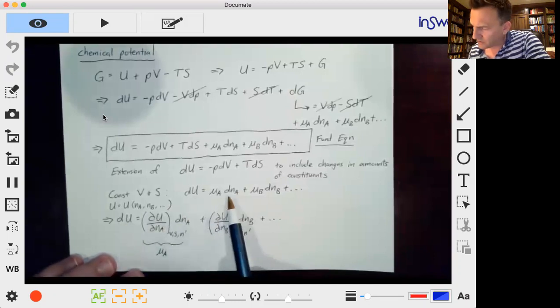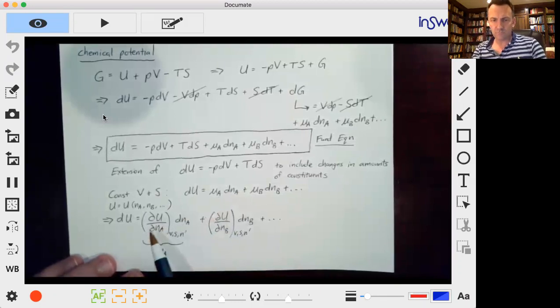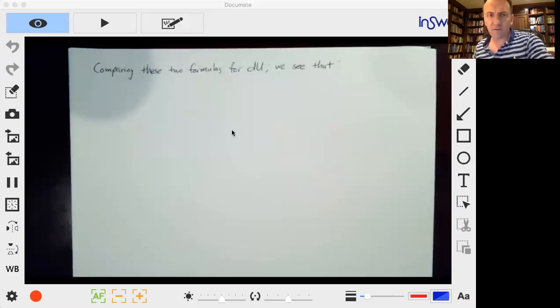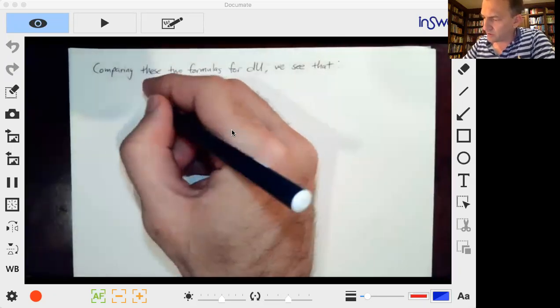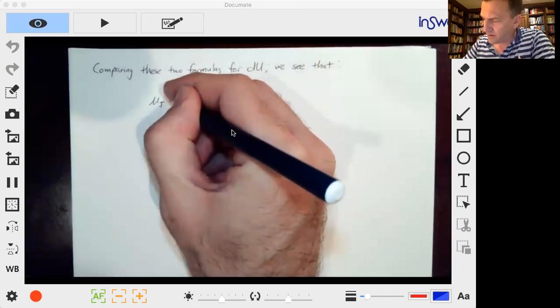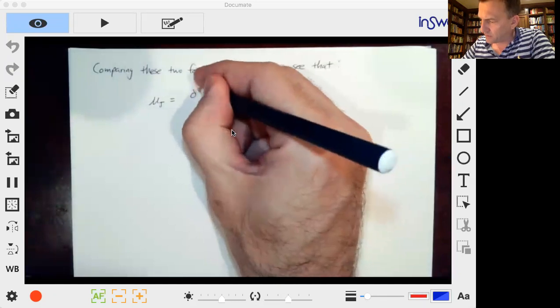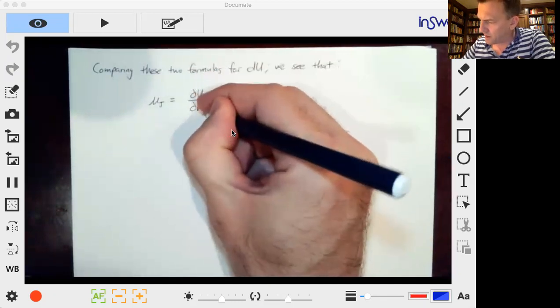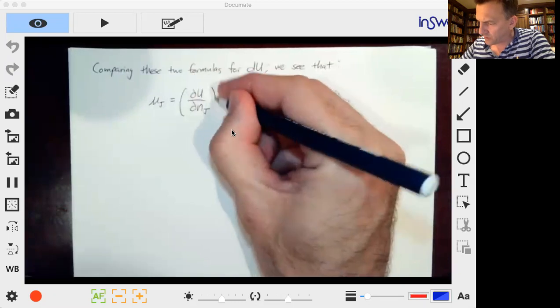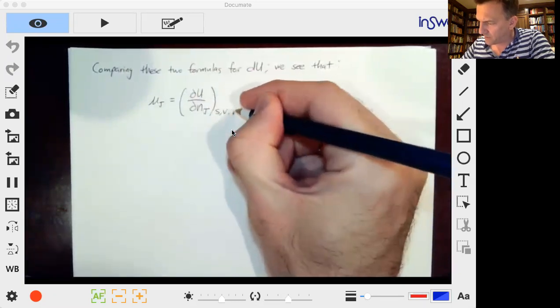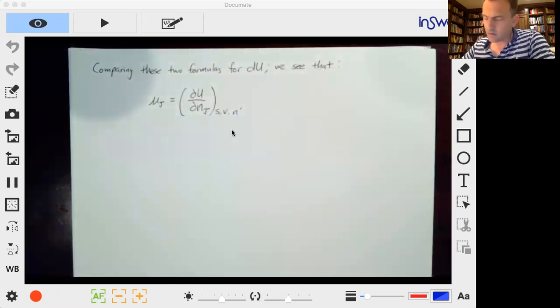You see what's in front of the dNA here is mu A, and what's in front of the dNA down here, therefore, must be mu A. Okay, so as I was saying, by comparing these two formulas for dU, we arrive at a new equation for the chemical potential. The chemical potential of species J, say, is equal to the partial derivative of U with respect to nJ, and this time we're holding entropy, volume, and the other amounts fixed.